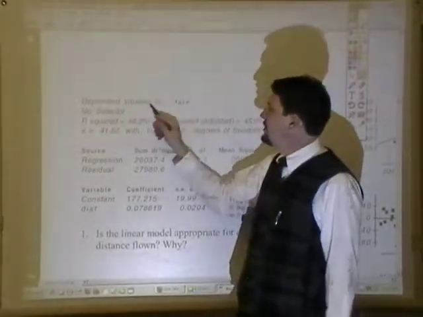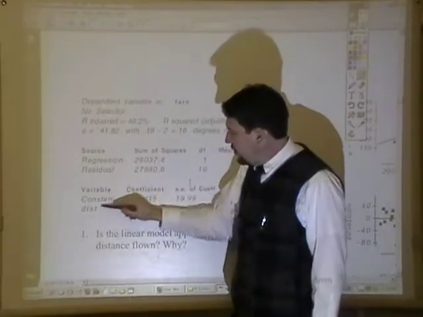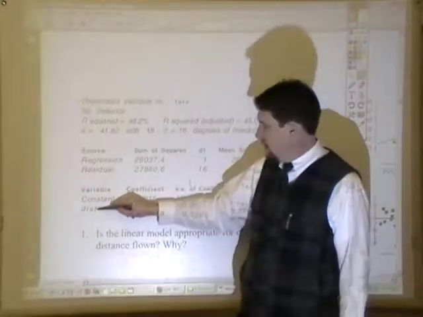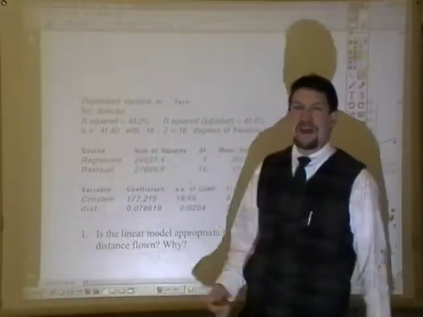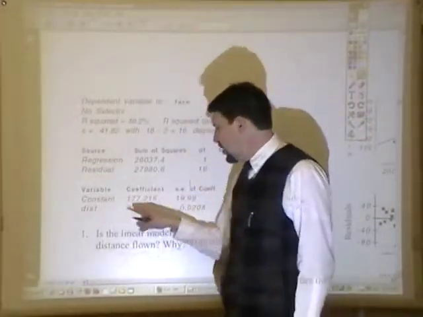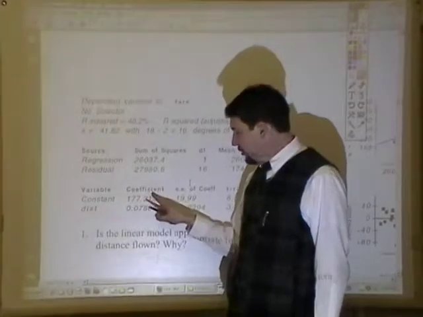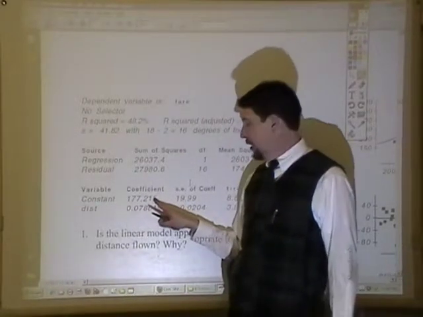For us, the dependent variable is freshman year GPA, and underneath the word constant, this would say SAT. Constant is something that is added in an equation, and that would be the y-intercept. So the value next to constant is the y-intercept. Here, this value is 177.215. That would be the y-intercept.